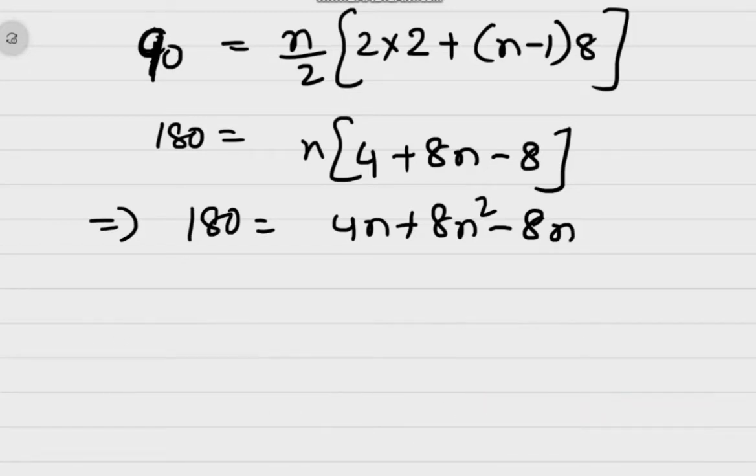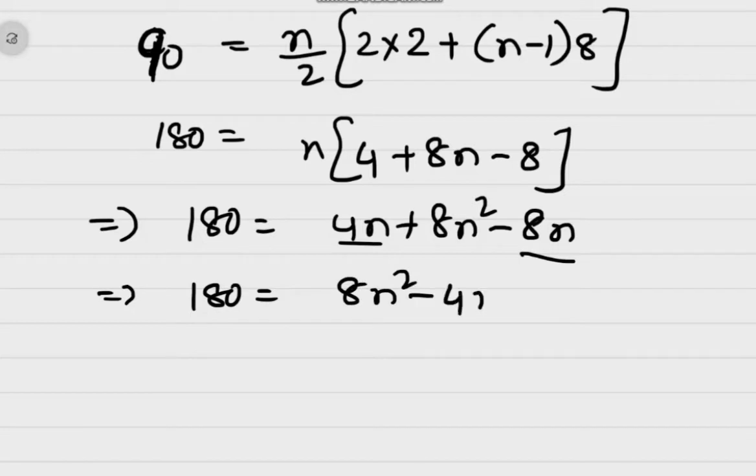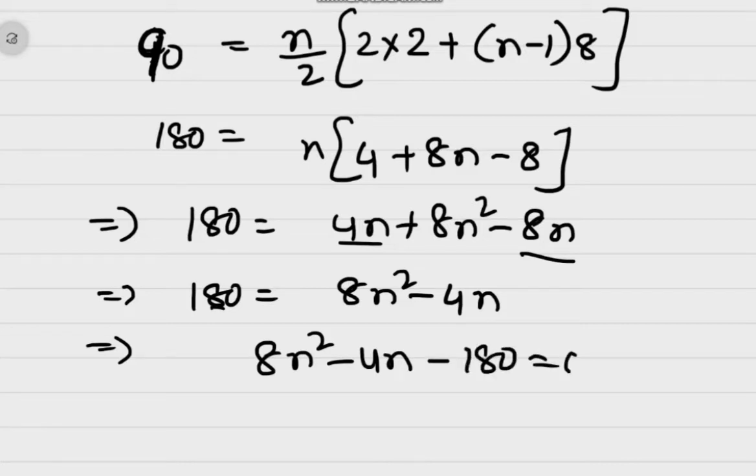So 180 is equal to 4n minus 8n, that means minus 4n, plus 8n square, isn't it? Now see, you have got a quadratic equation. 8n square minus 4n, you bring this side, this will become minus 180 equal to 0.